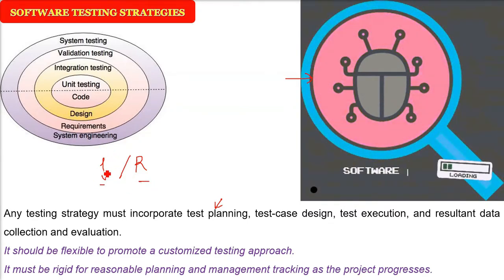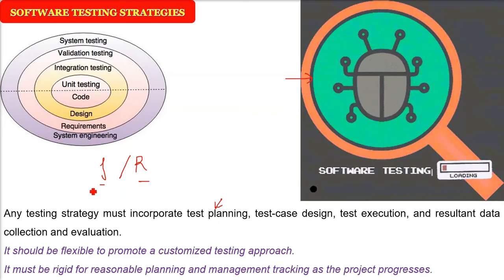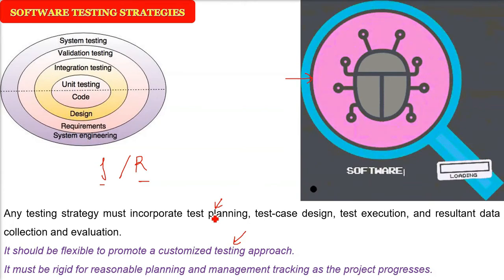Flexibility means these testing strategies should promote a customized testing approach. And rigidity means there has to be reasonable planning and management tracking as the project progresses. A blend of flexibility and rigidity has to be promoted in any kind of testing.